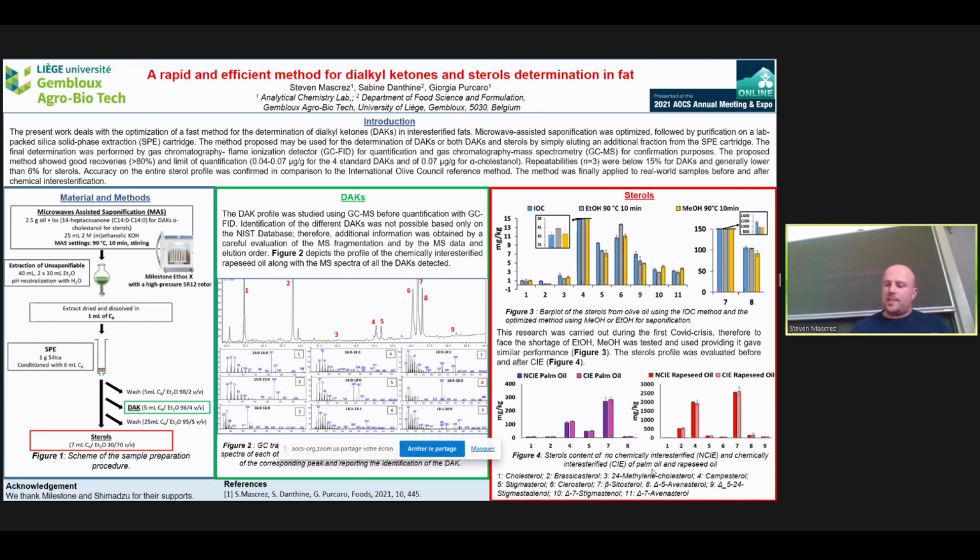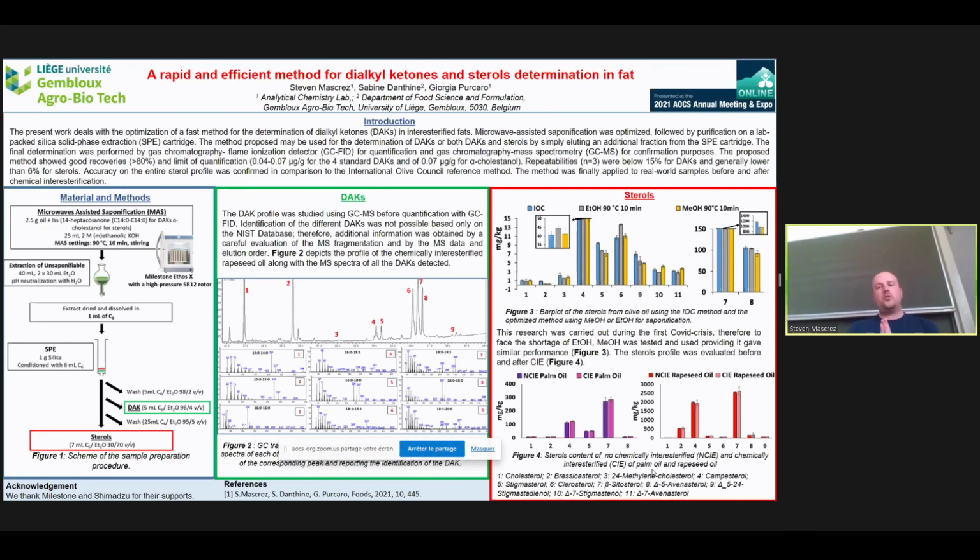Before talking about Dialkyl ketones, I would like to talk about the sterols part to compare our method with a reference. On the first bar plot, you can see the quantification of sterols with the IOC, our reference, and with two conditions. We kept the final condition of Mascrez, but we chose two solvents, ethanol and methanol. At the beginning, we wanted to work with ethanol because it's greener than methanol. But in the meantime, of course, the COVID situation arrived and the ethanol price blew up.